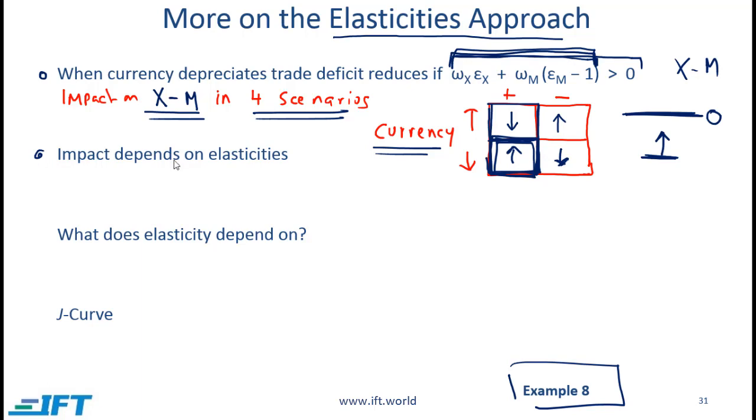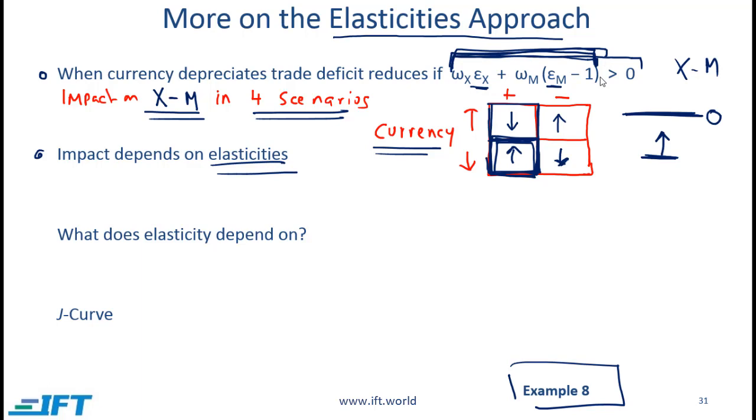The second point I want to make here is that the impact of a change in currency value depends on elasticities, and that is fairly obvious when you look at this expression. If the elasticity numbers are high, then this number, the overall number, will be more positive.